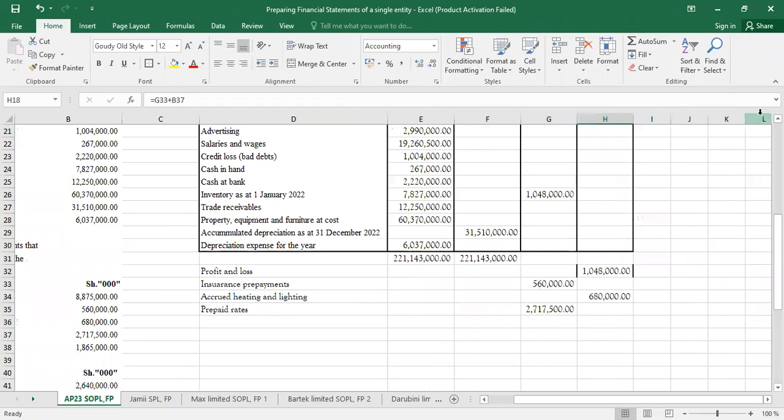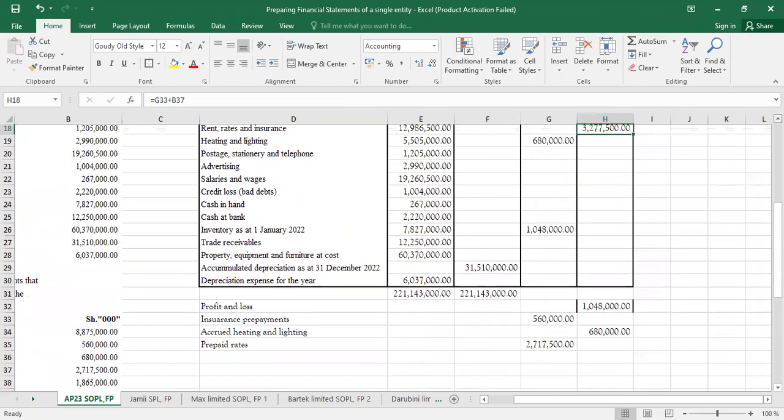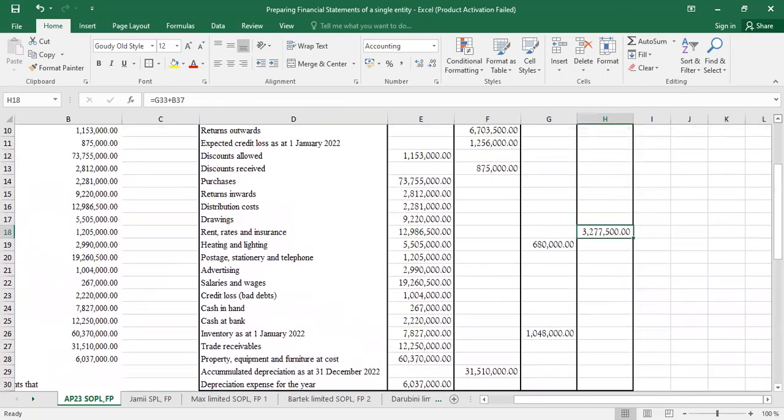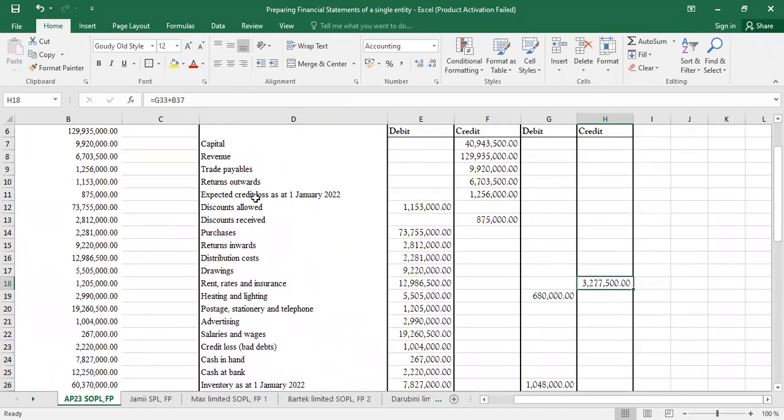So I'll just go up here. It is here, expected credit loss. It's like a liability, and we are being told it is expected to increase to 1865. So we want to know the increase.